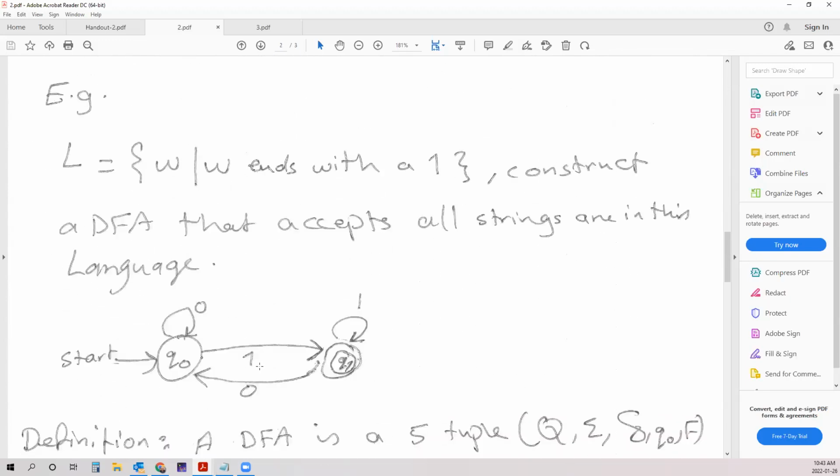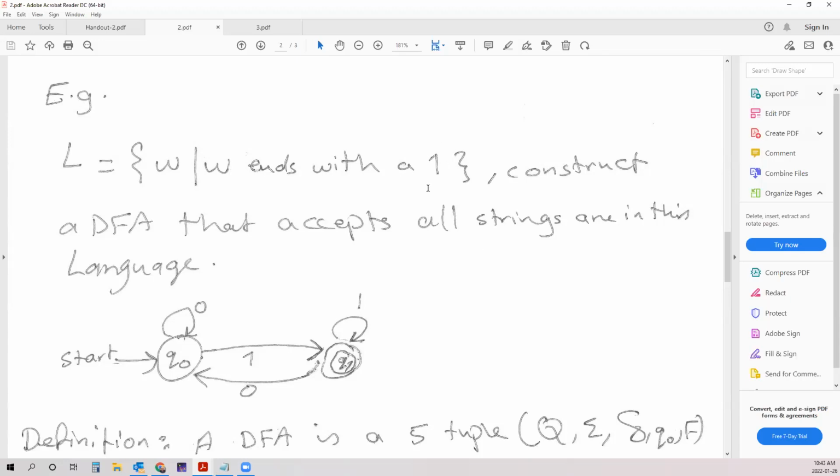Let's have this example. Assume that we have a language L. L consists of strings W, where W ends with a 1. If you receive this question in the exam and I ask you to construct a DFA that accepts all strings in this language, then as we talked before, the first thing we have to identify is the number of states I need.